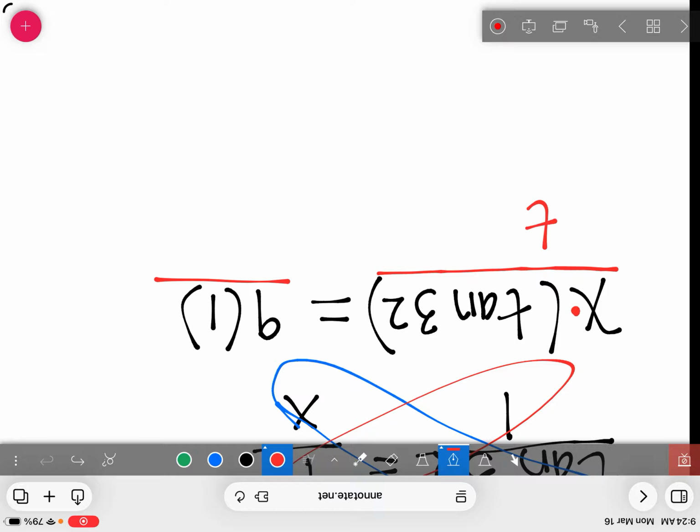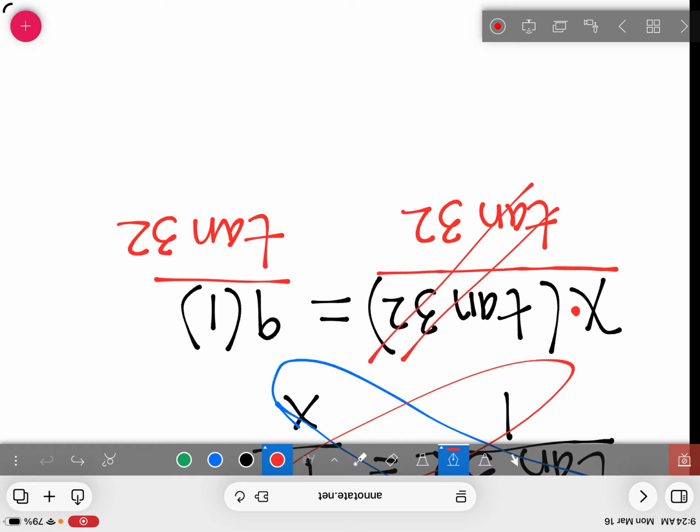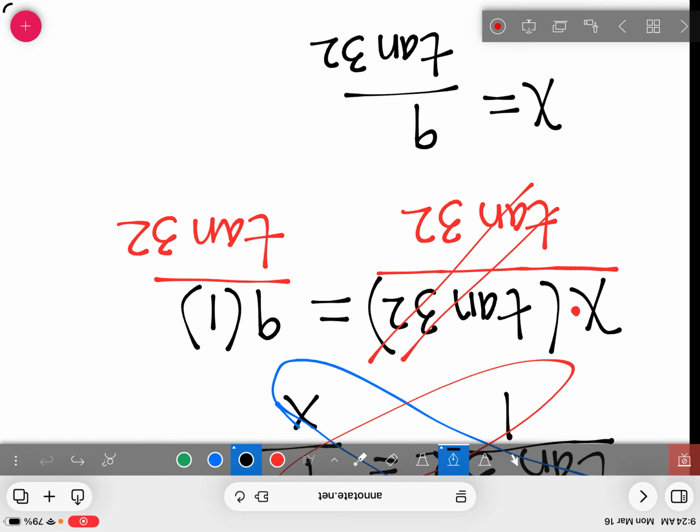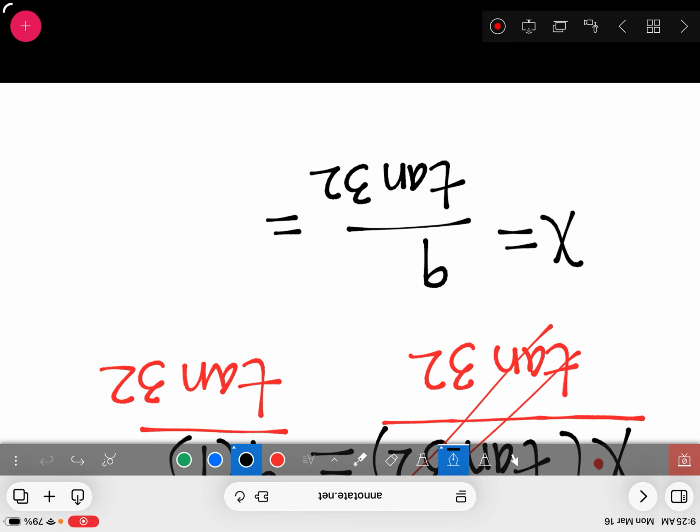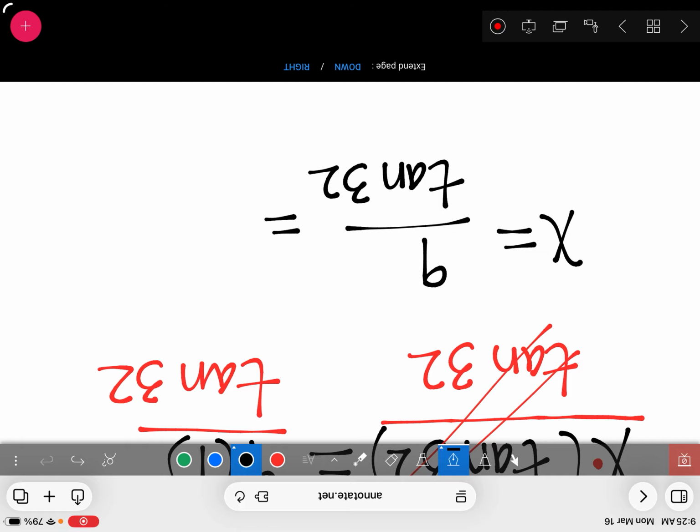Divide it. So use your fraction button. X equals 9 divided by tangent of 32, which is 14.4. Who got that?